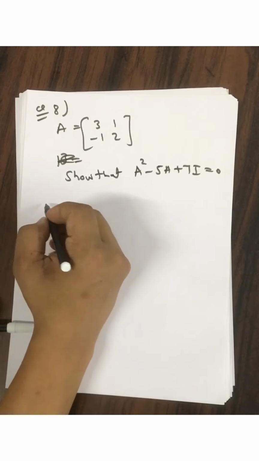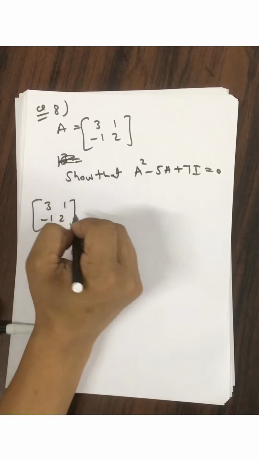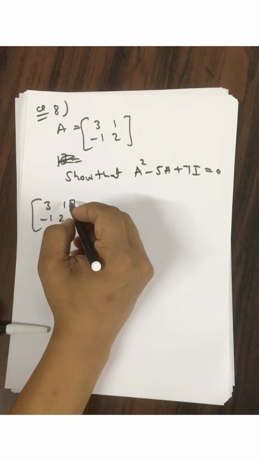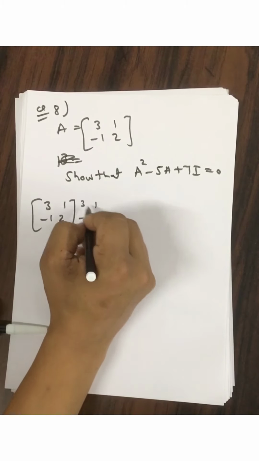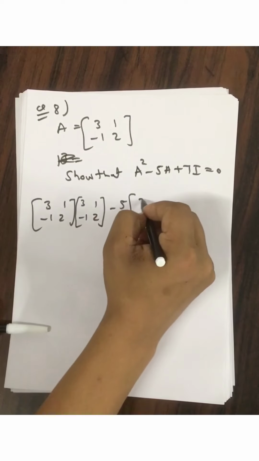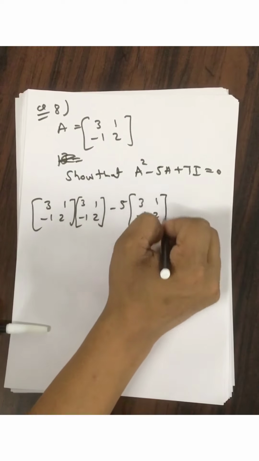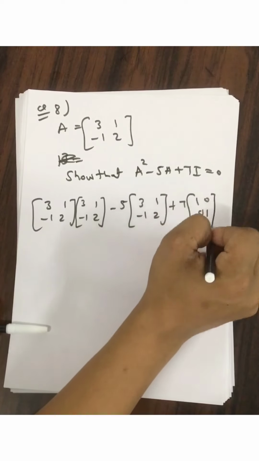How do you get A square? A times A, minus 5 times A, plus 7 times I, which is [[1 0],[0 1]], equals 0.